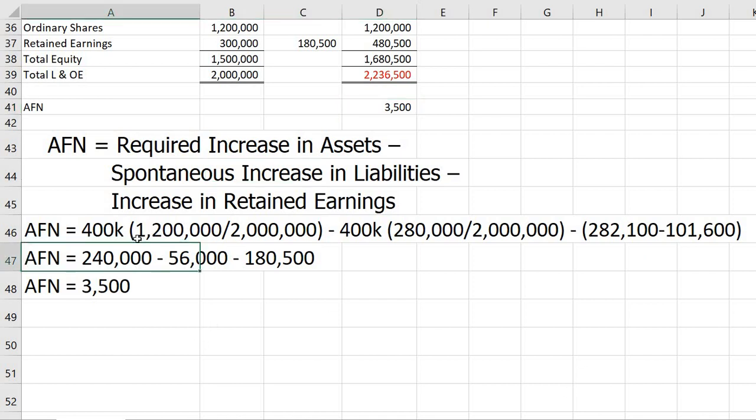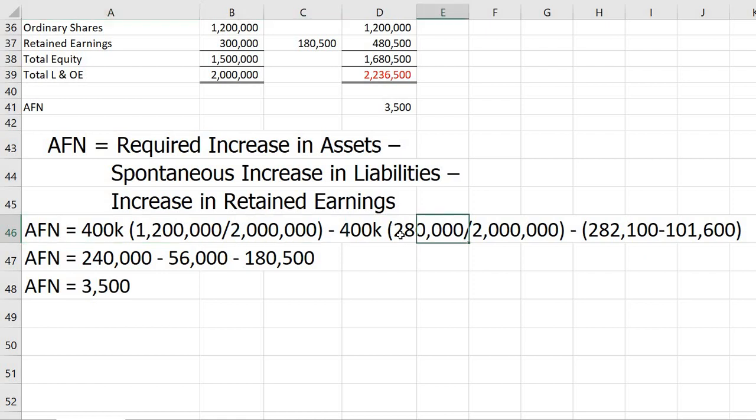You just have to remember that the amount you consider as the numerator, the 1.2 million, class, is related to those assets which will spontaneously increase with your sales. In this problem, only current assets are considered, because it was emphasized that current assets will spontaneously increase with the increase in sales.